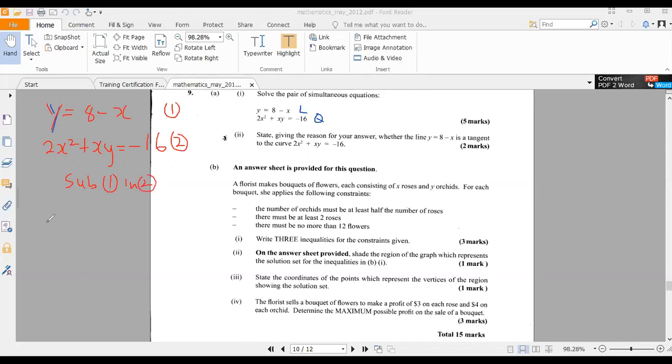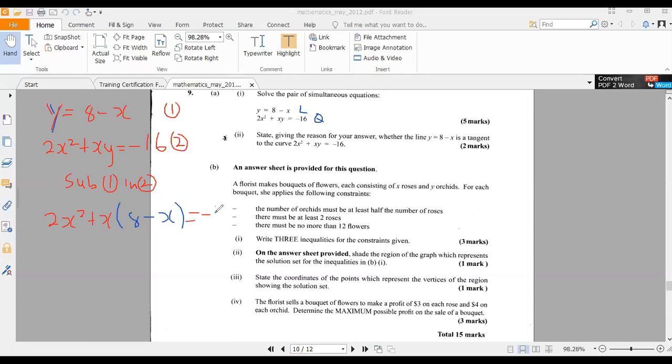So I'm going to write equation 2: 2x squared minus x. Now remember, wherever I have y, I'm going to put 8 minus x in open brackets, is equal to negative 16.